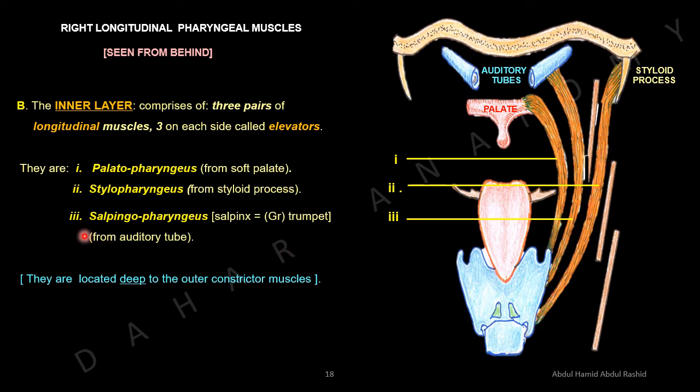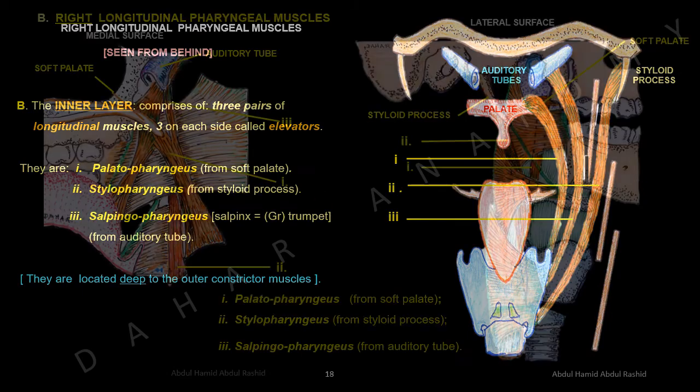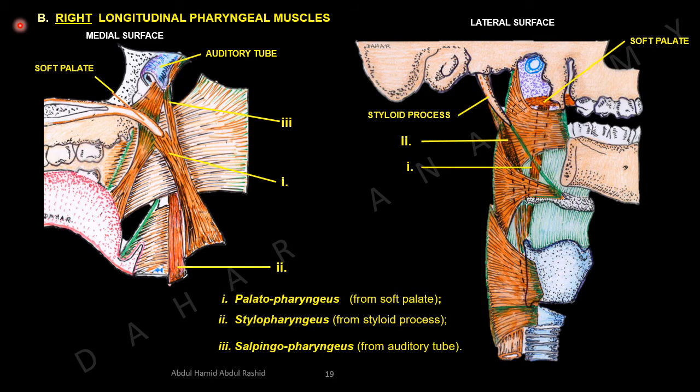And 3. Salpingopharyngeus; salpinx in Greek means trumpet, coming from the auditory tube to the pharyngeal region. They are located deep to the outer constrictor muscles. Longitudinal muscles are the inner group of pharyngeal muscles.